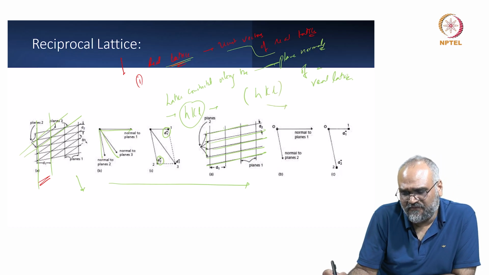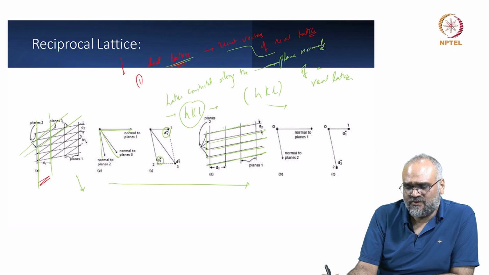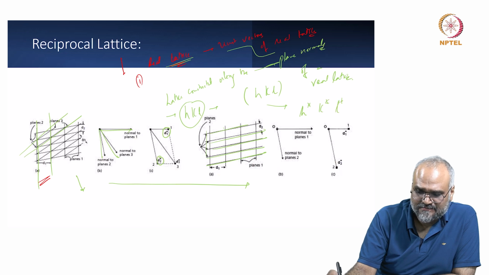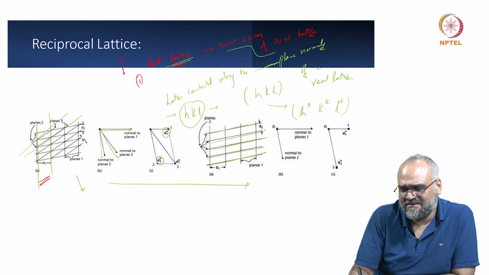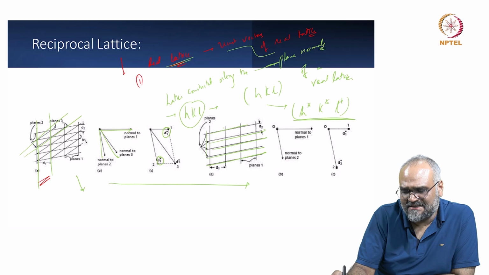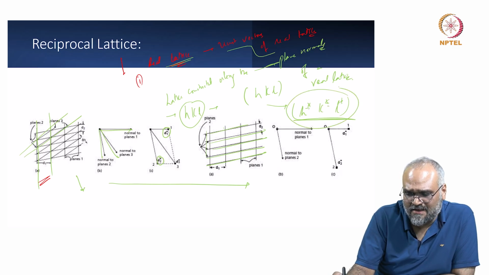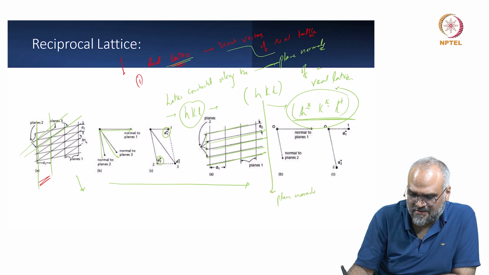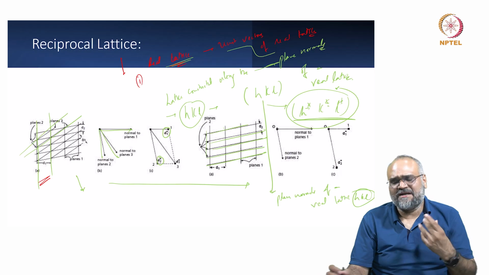If I think of an imaginary lattice which has coordinates as H star, K star and L star, by definition these reciprocal lattice with indices H star, K star, L star would be along the plane normals of a real lattice HKL. This is just a mathematical definition.